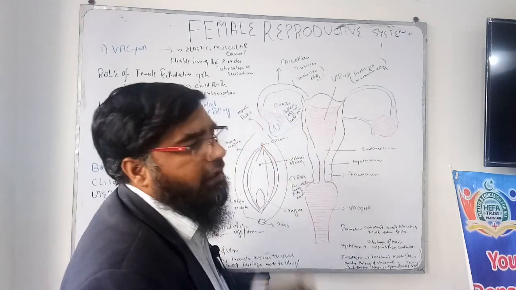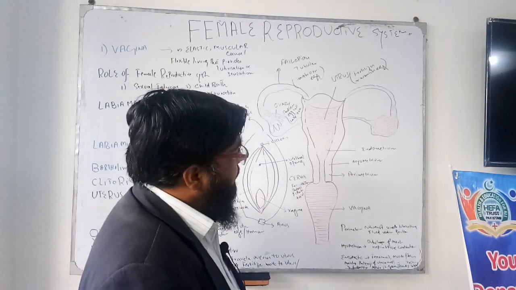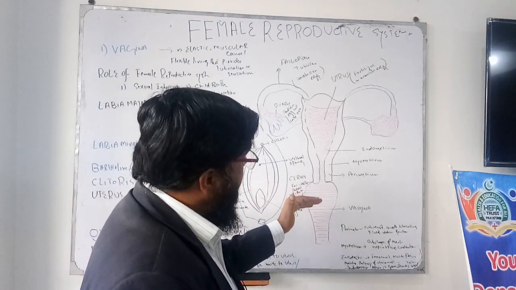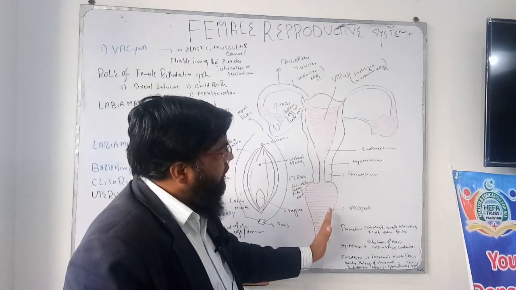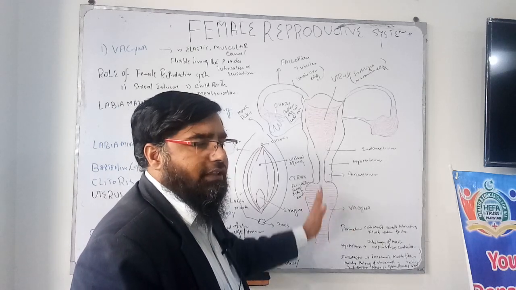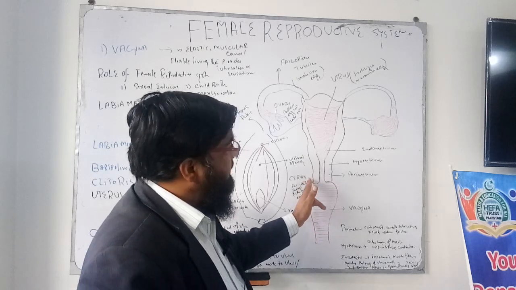So in the internal part, we have discussed a few things here. First of all, the outermost portion is called the vagina. This is called the vaginal opening, and then the cervix.